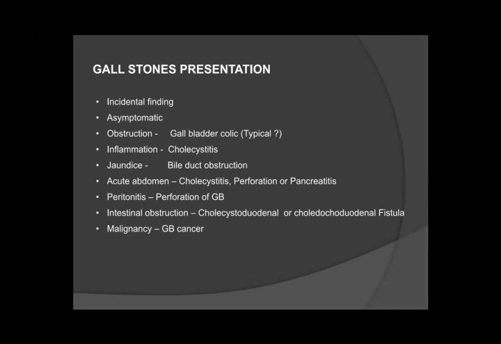But over here, since we've highlighted only duodenal, we'll only discuss those. So it could either erode through the walls of the gallbladder or the CBD, enter into the duodenum, and then obstruct the terminal ileum, hence causing intestinal obstruction as well.